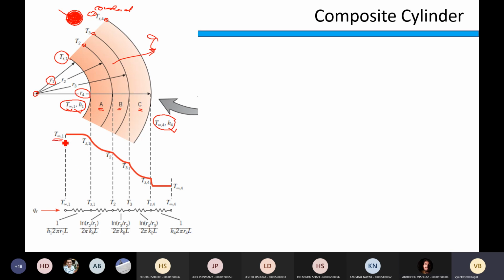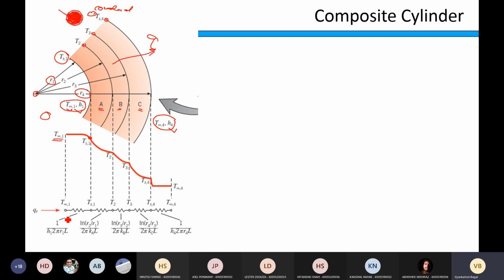So you will see the temperature distribution: T infinity 1 is the temperature of the fluid on this side, then the surface temperature of the inner wall, then the temperature distribution in this thickness of A, then T2, T3 is the temperature distribution in B portion, and T3, TS4 is in C portion, and TS4 to T infinity 4 is the convection part on the outer side, right?